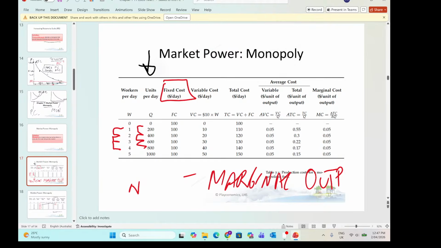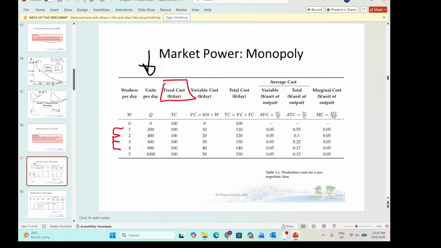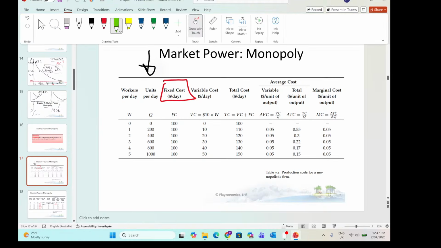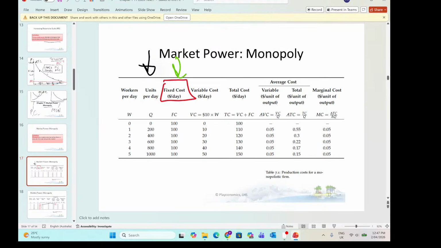What I want you to see then is this, that we have a fixed cost, we have a variable cost. Let's start with the fixed cost. So here's our fixed cost. Our fixed cost is $100, even if we're producing nothing, because that's the nature of a fixed cost. So we've spent $100 on our factory.